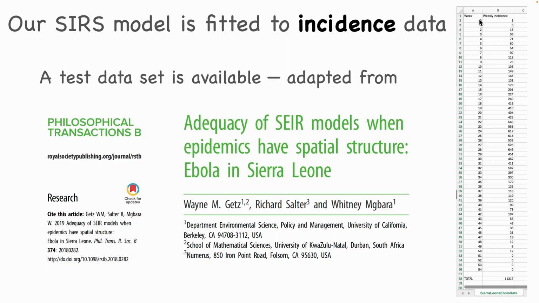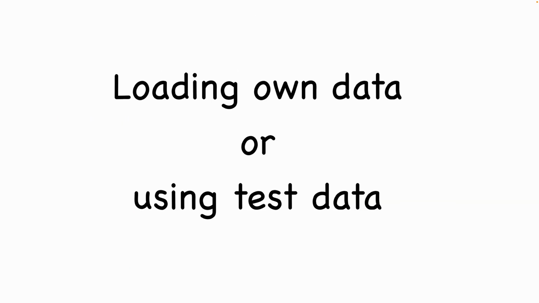In this case, the time steps are considered to be weekly, and the second column is incidence, so this is weekly incidence. You can either load your own data or you can load the test data.